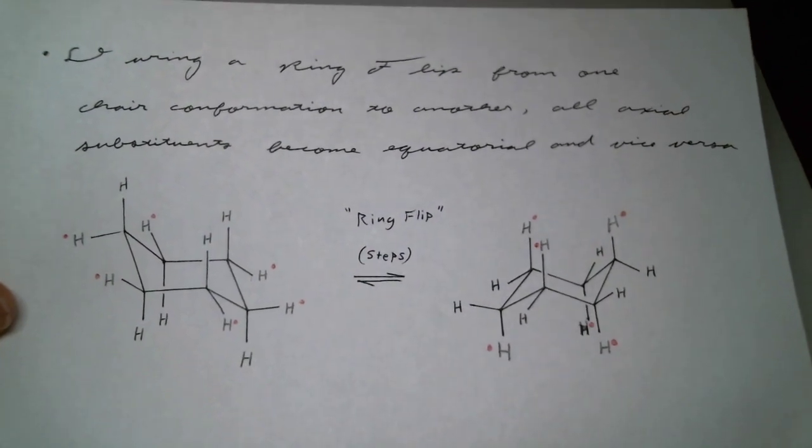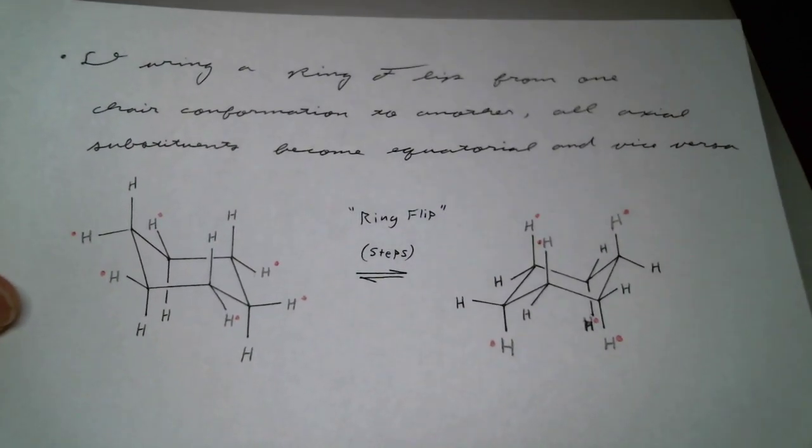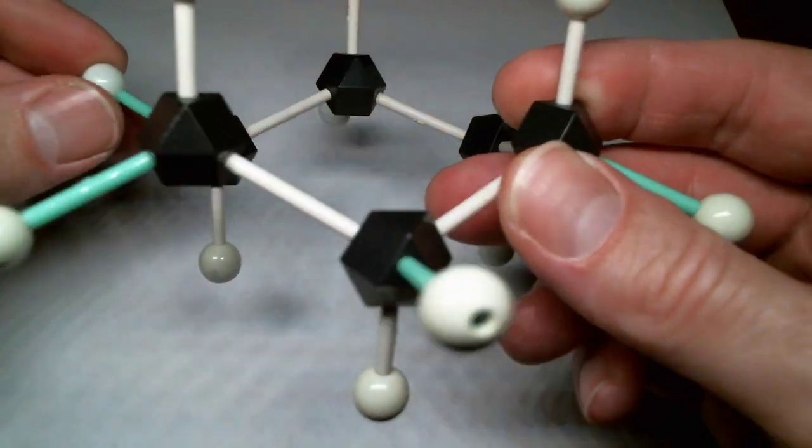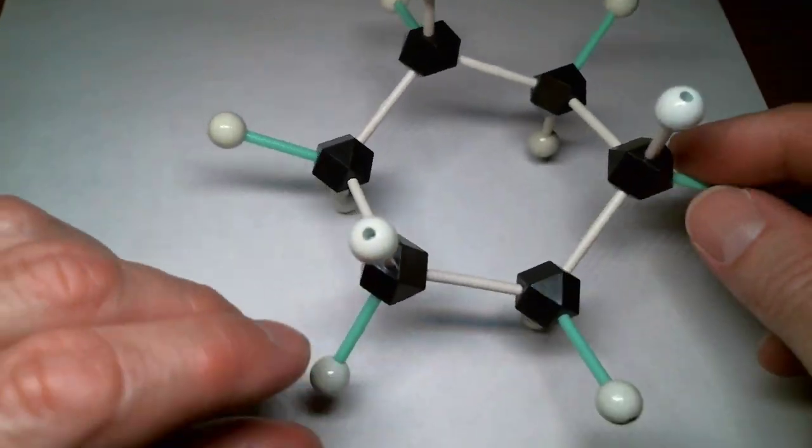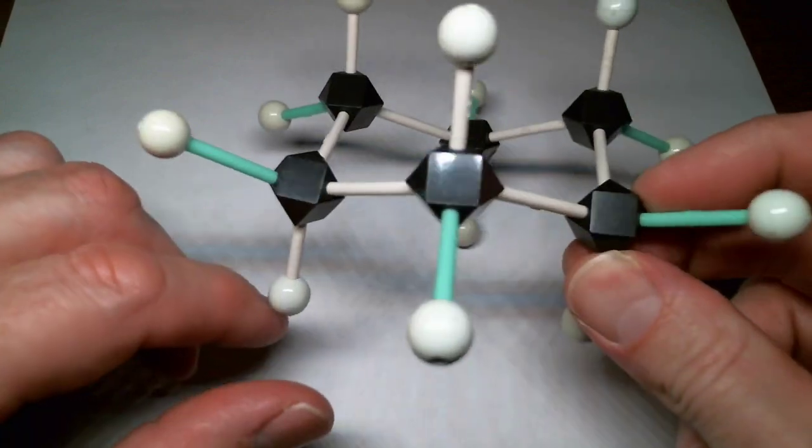And so I know you might not believe me that this actually happens. But before we consider an energy versus conformation diagram for this process, I thought I would show you with another molecular model. And so we can see that this is a chair conformation of cyclohexane.